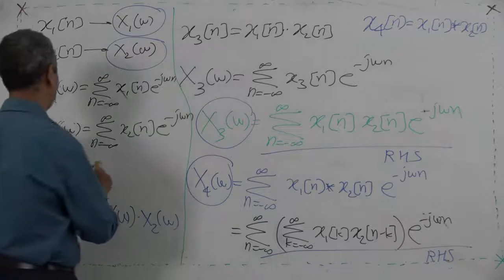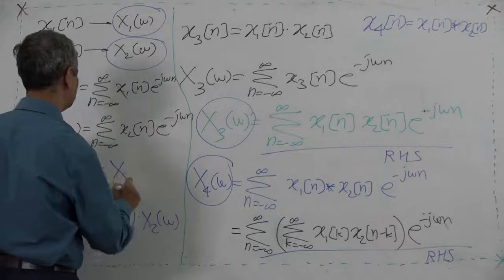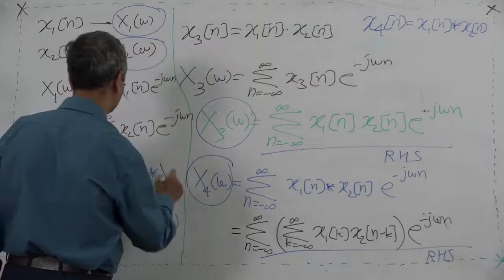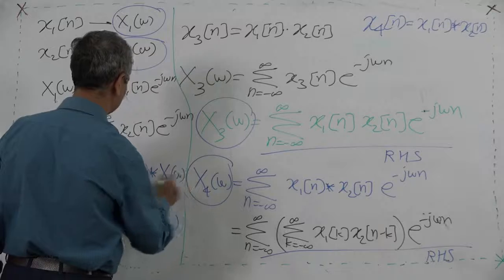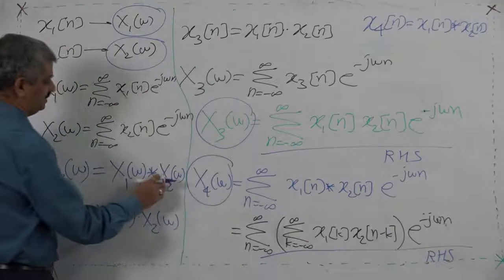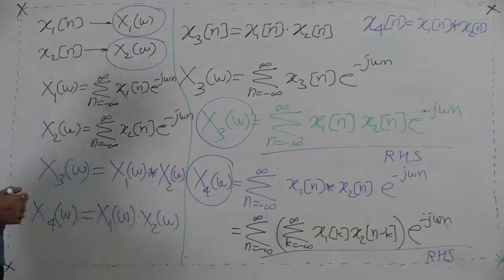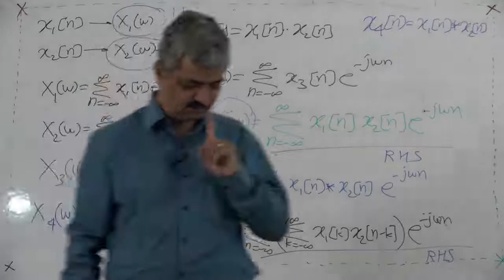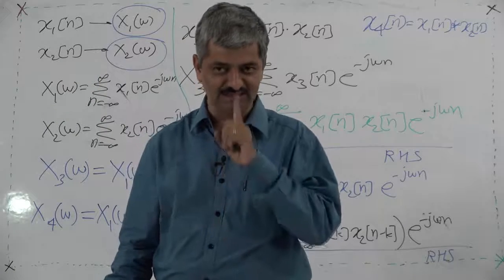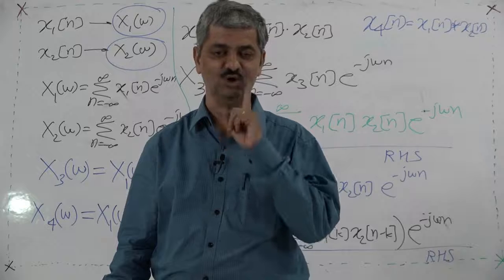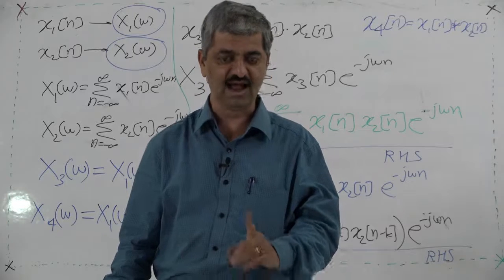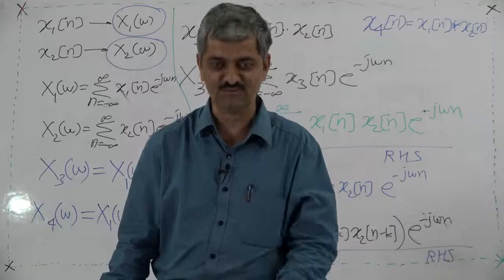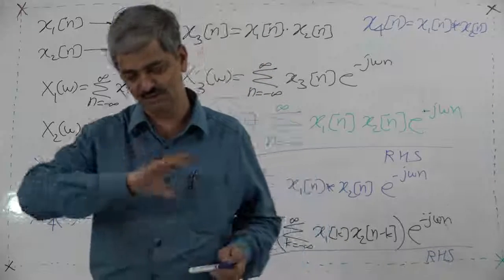So X3(omega) is X1(omega) convolved with X2(omega), a continuous convolution because X(omega) is a continuous function. The DTFT of multiplication is the convolution of transforms, and the DTFT of convolution is the multiplication of transforms. It is exactly complementary, symmetric to each other.